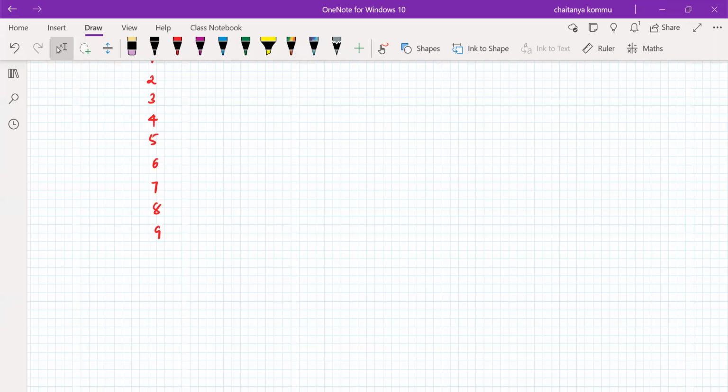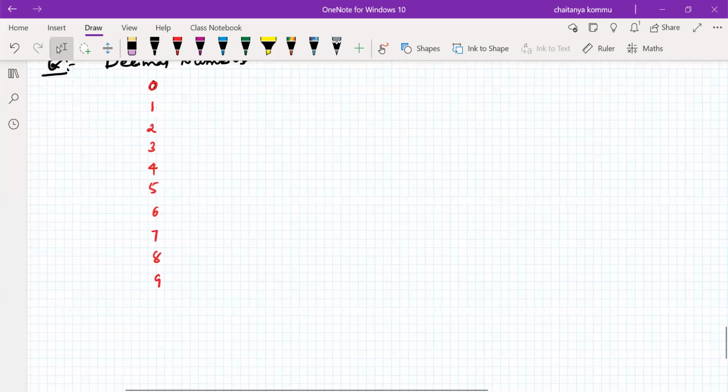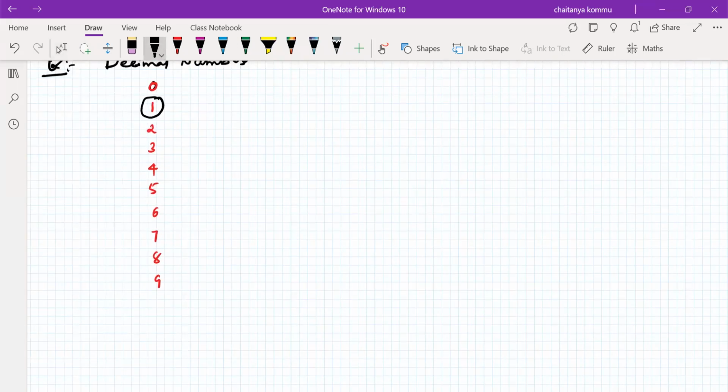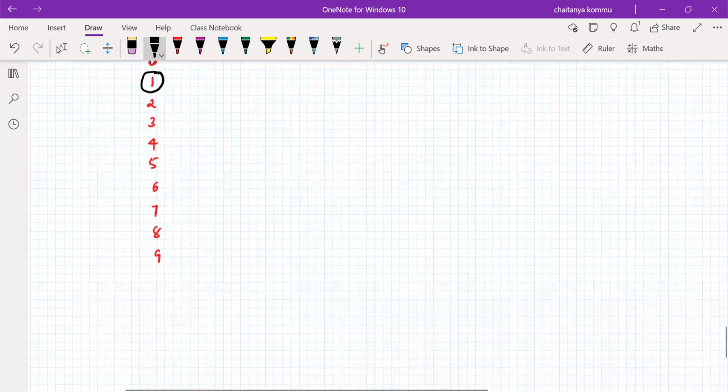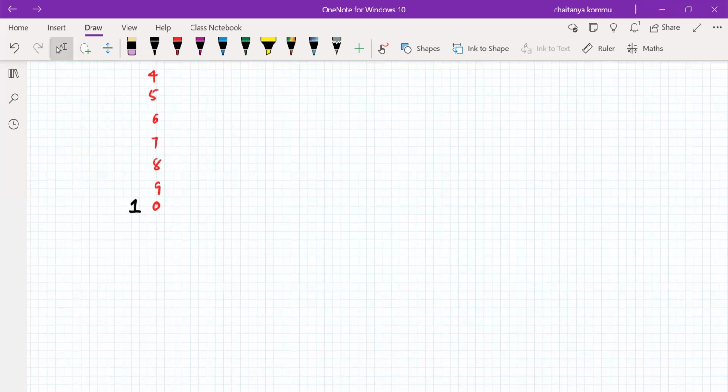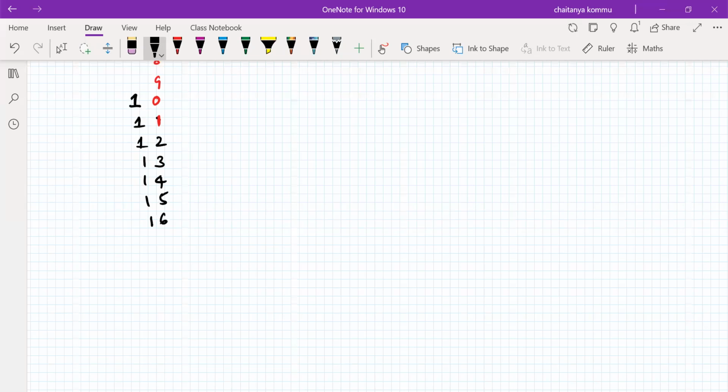Instead, we have to take 2 digits, because 1 digit is not sufficient; it reaches the maximum digit. So I consider the first digit 1 and put it here, and start the sequence again: 0, then 1, 1, 2, 1, 3, 1, 4, 1, 5, 1, 6, 1, 7, 1, 8, 1, 9. It is difficult for me to write all these things.